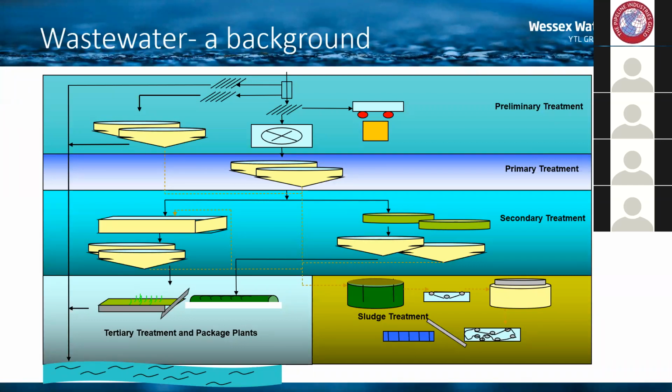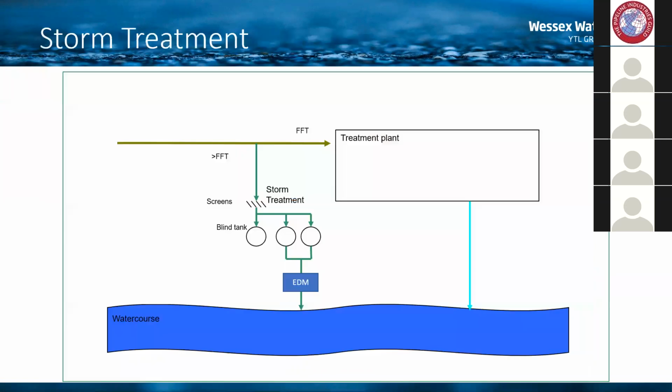Starting with the preliminary treatment, it generally consists of the storm separation part and the screening and grit removal. On the storm separation part, in our treatment plants, we have an FFT value. It stands for flow to full treatment, and that's the minimum amount of flow that the treatment plant needs to treat before the storm system can be brought into operation.